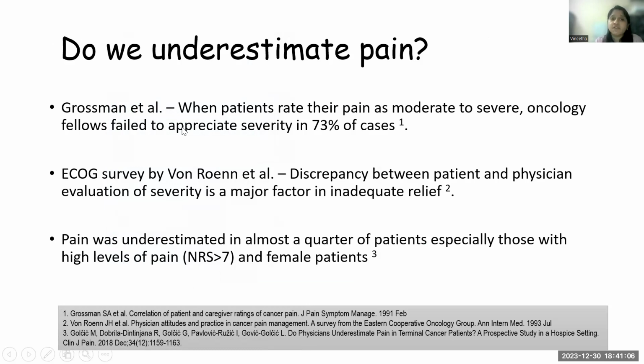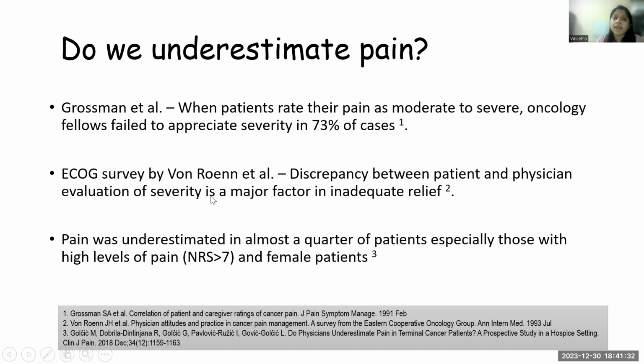This study found that when patients rate their pain as moderate to severe, oncology fellows fail to appreciate the severity in 73% of cases. Another survey found that the main reason behind inadequate pain relief is a discrepancy between the patient and physician evaluation of severity.